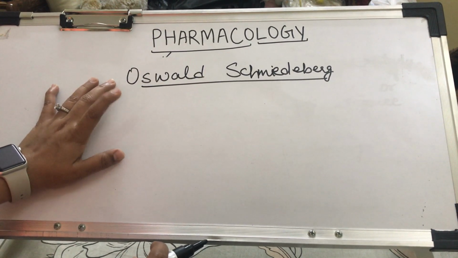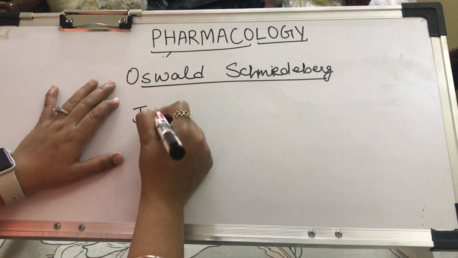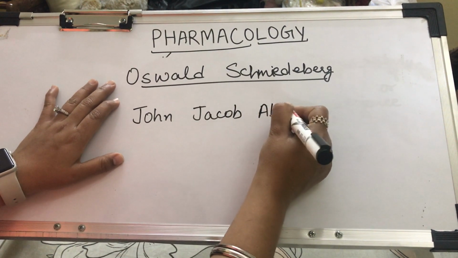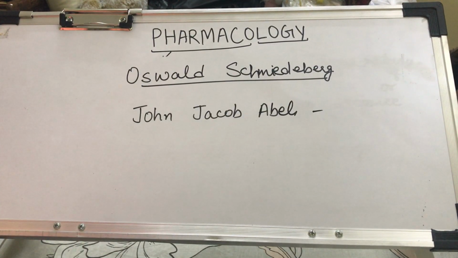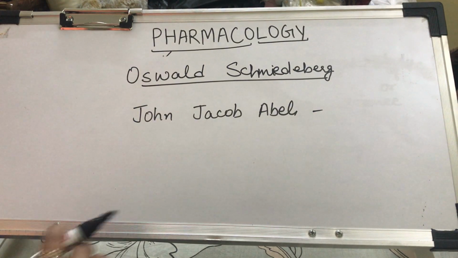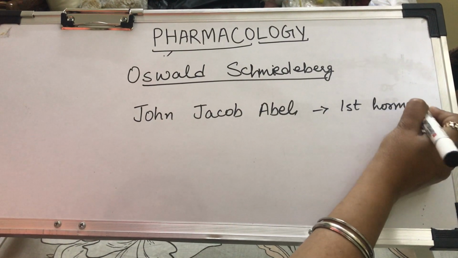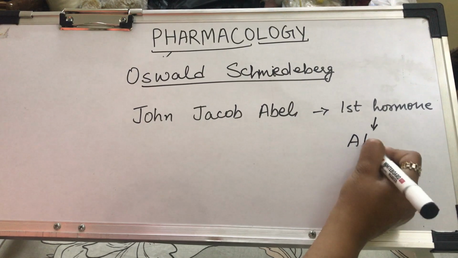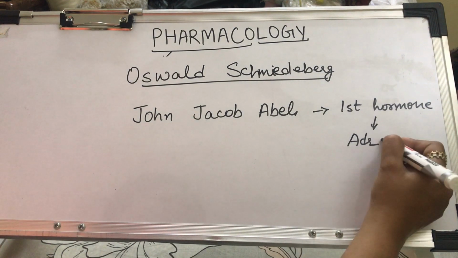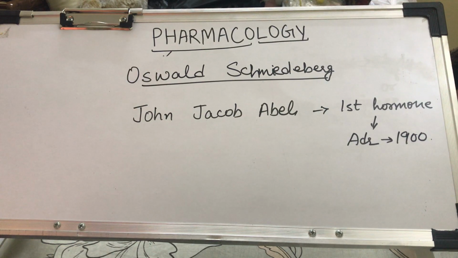And there was his one student, John Jacob Abel. He is known as the father of modern American pharmacology, and he was the first to isolate a hormone. That hormone was adrenaline from the adrenal medulla, and it was discovered in 1900 by John Jacob Abel.